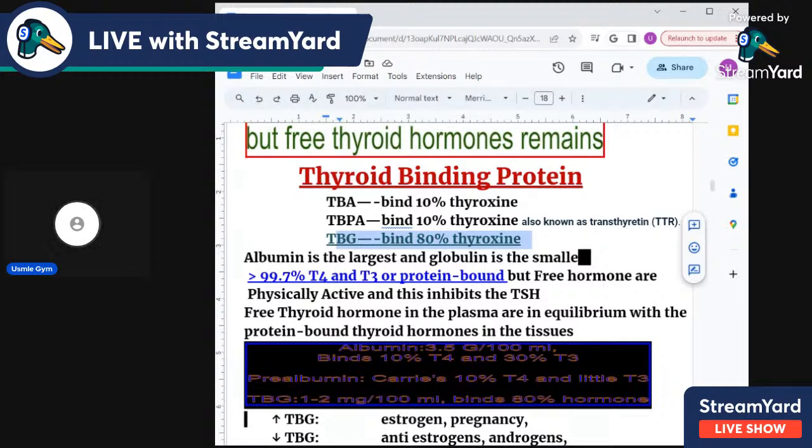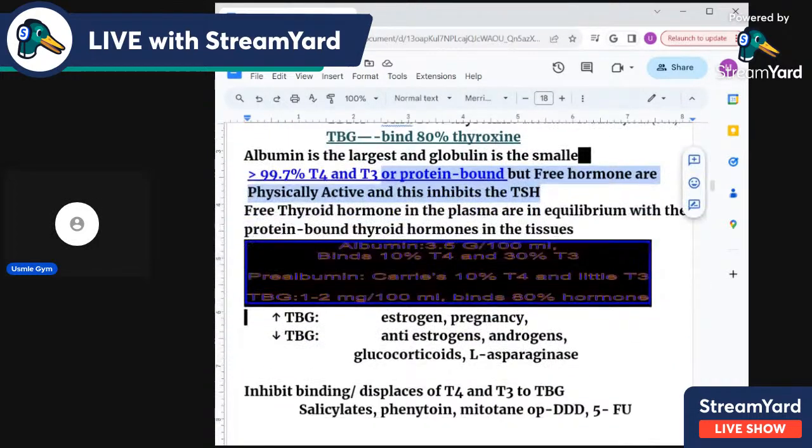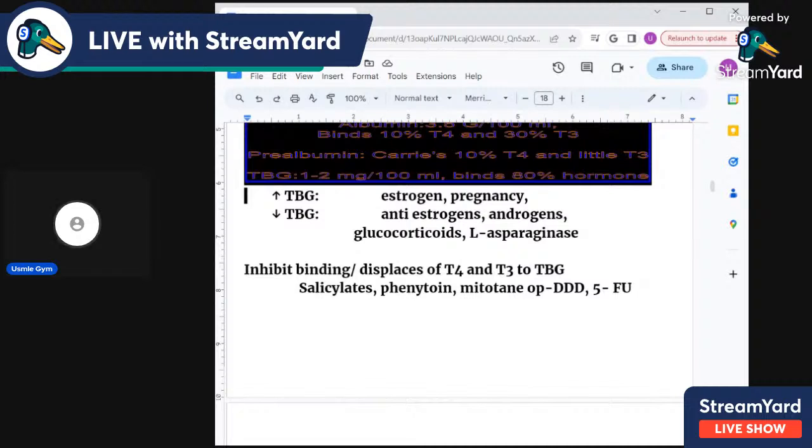Okay, so 98% of the thyroxine is protein bound, and it's the free form which is physiologically active, and this inhibits the TSH production, right? Thyroid binding globulin increases with estrogen and in pregnancy.